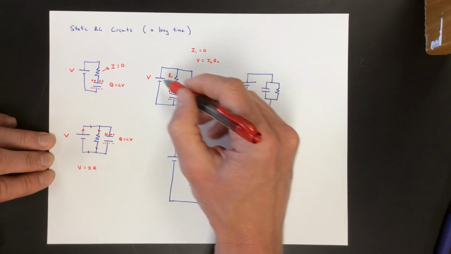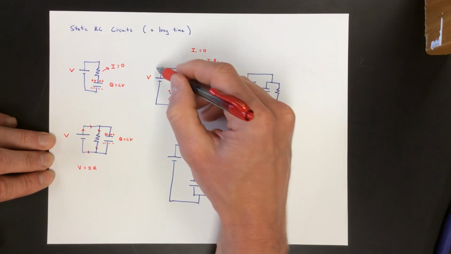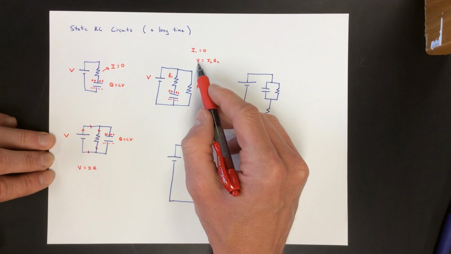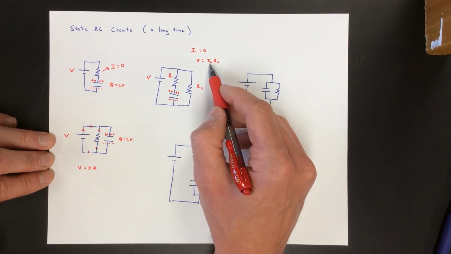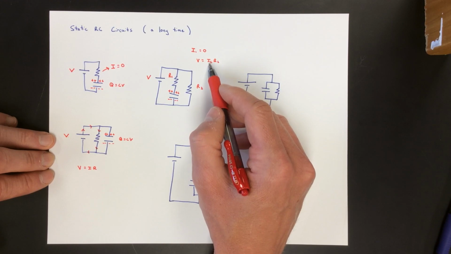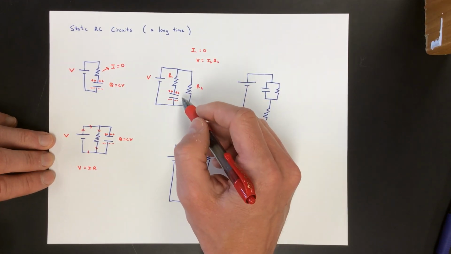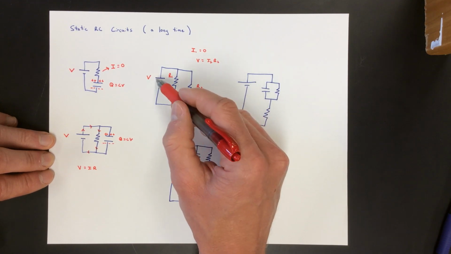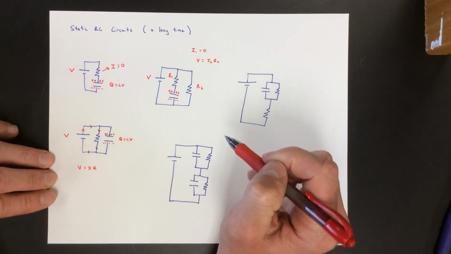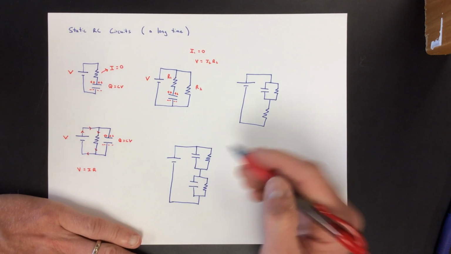The voltage over R2 is the same as the battery because it's in parallel with the battery. So you can use the battery voltage and the resistance of R2 to figure out the current through 2. The voltage over the capacitor is the same as the voltage over R2, which is the voltage of the battery.